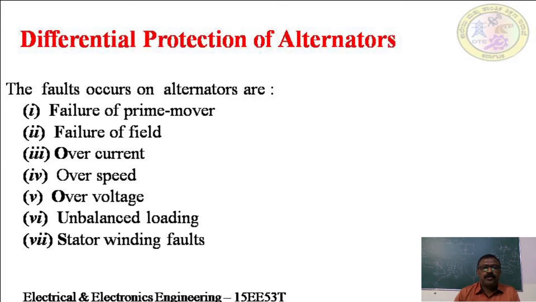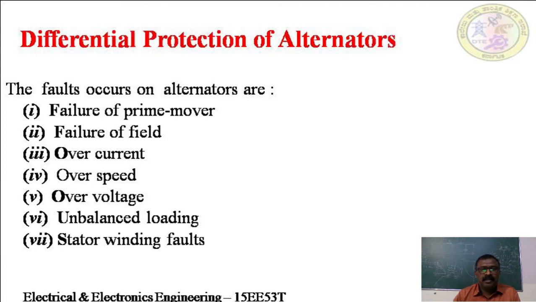So the differential protection of alternators. Under this, first we will see what faults occur on alternators. Basically, electrical machines can be classified into two: static machines and dynamic machines. The alternators come under dynamic machines, where it involves both the stator and rotor.